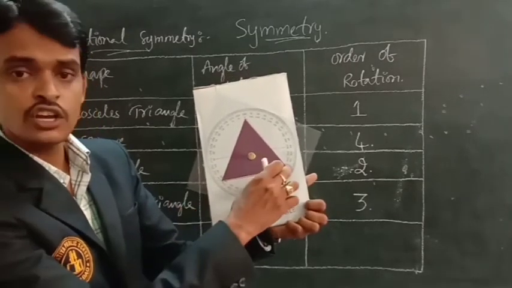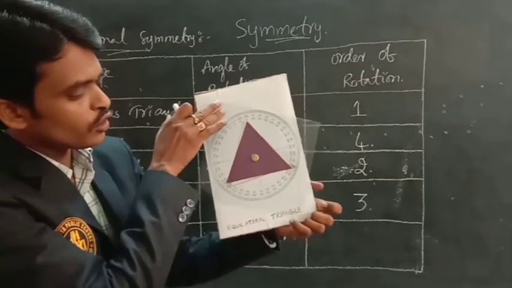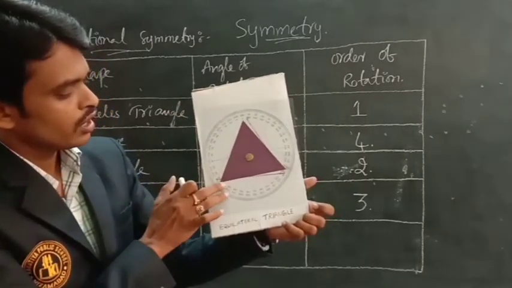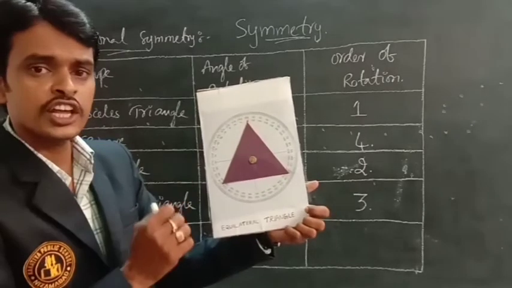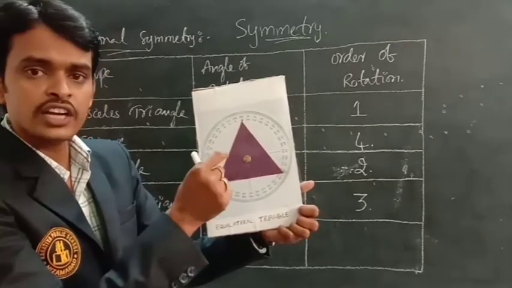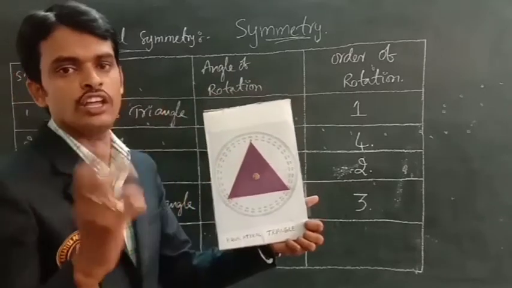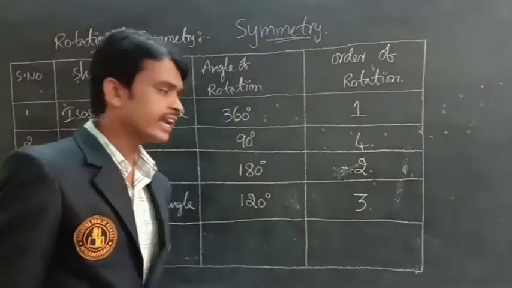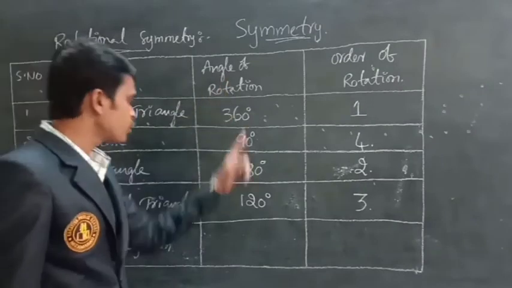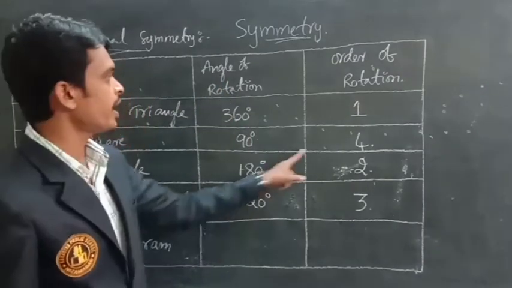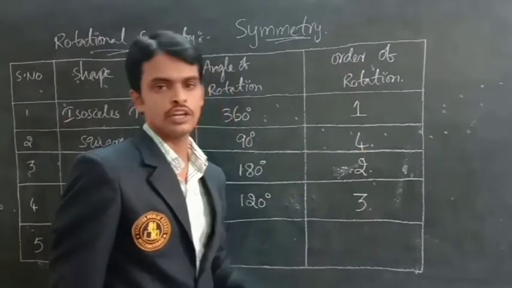Then order of rotation is 2, and go for further rotation. At 360 degrees, the equilateral triangle coincides with itself, then order of rotation is 3. So the equilateral triangle has an angle of rotation of 120 degrees and order of rotation is 3.